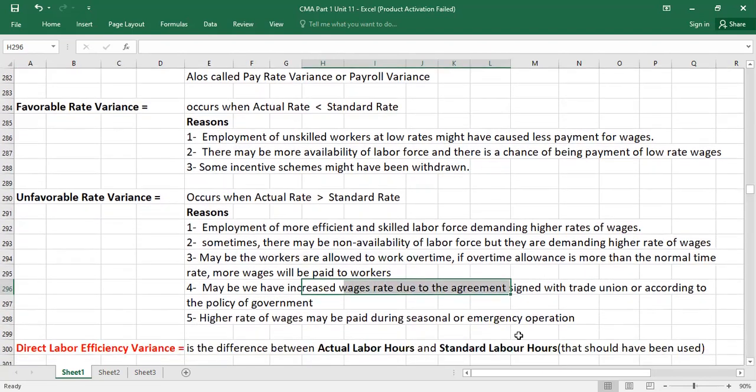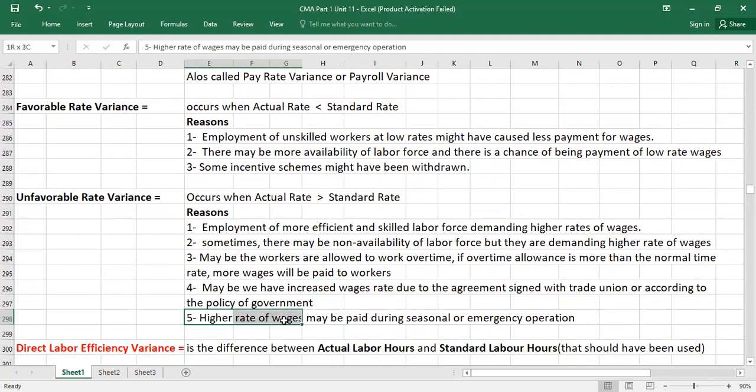And the fifth reason, maybe a higher rate of wages may be paid during seasonal or emergency operation. Sometimes we need labor in season and maybe in an emergency. So at that time, maybe we are ready to pay more in wages. So maybe that is why our actual rates are greater than standard rate. So this could result in unfavorable rate variance.